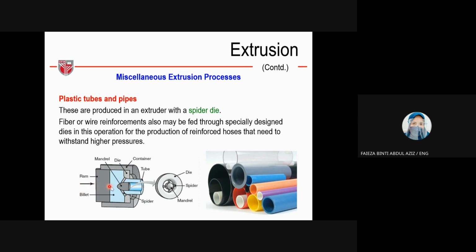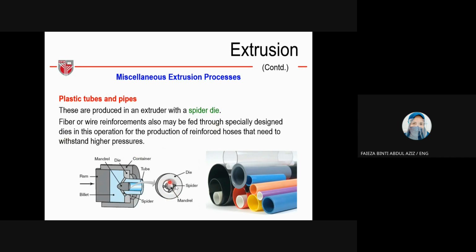Once it is pushed to this area, in this direction, we can get this component. So these are the products produced by an extruder with a spider die. This is the spider die. Fiber or wire reinforcement may also be fed through specially designed dies.